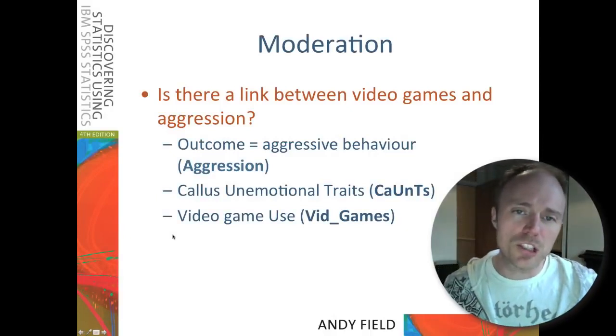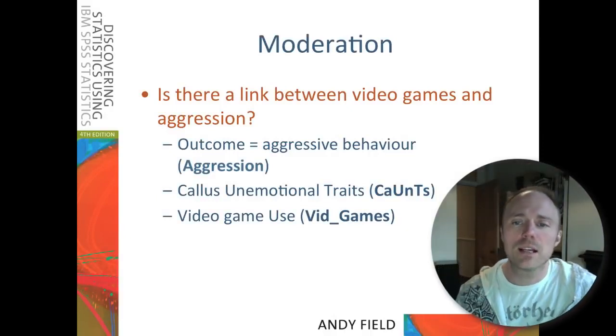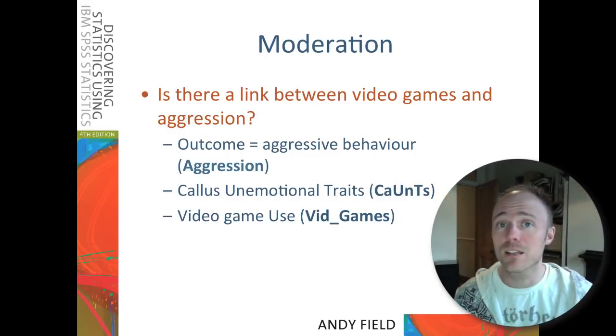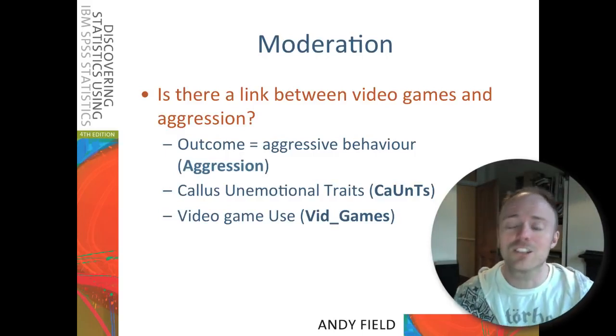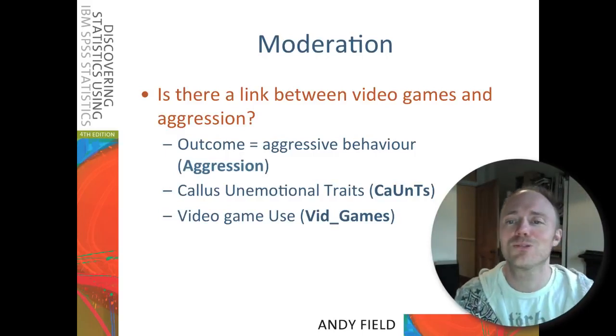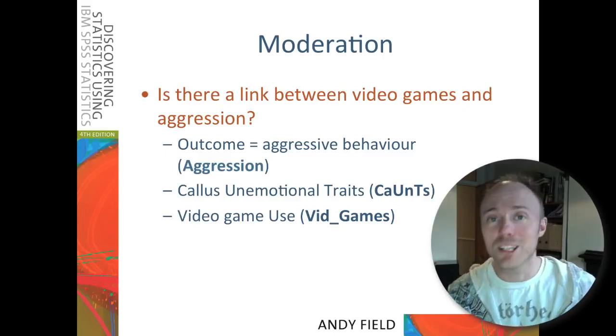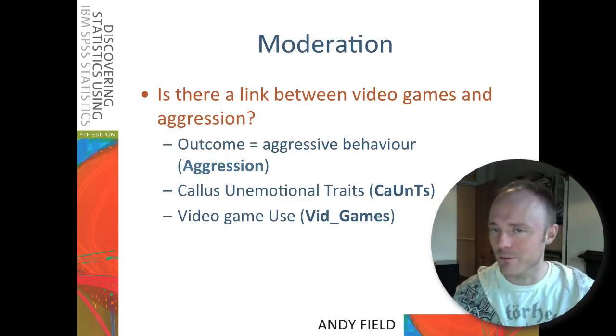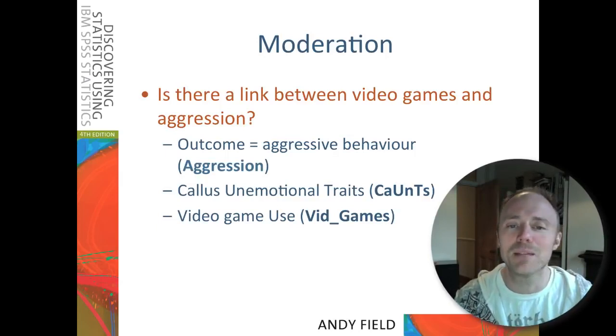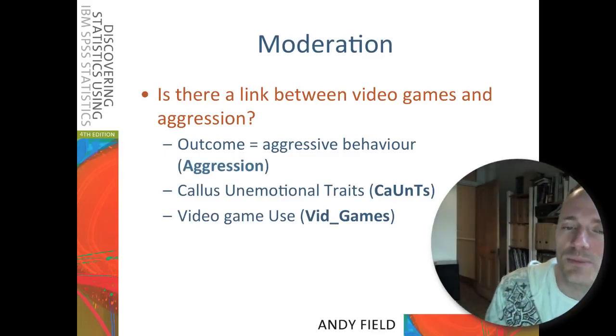The example used in the book chapter is whether there's a link between video gaming and aggression, because there's quite a lot of research that seems to suggest that the more video games you play, or violent video games especially, the more aggressive you may behave. So there's a link to externalizing disorders and conduct problems.